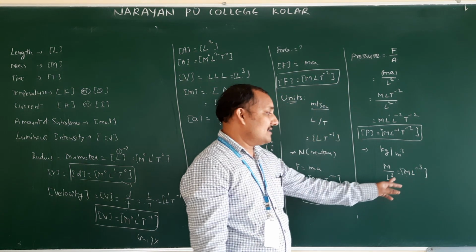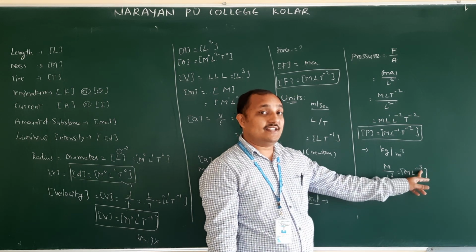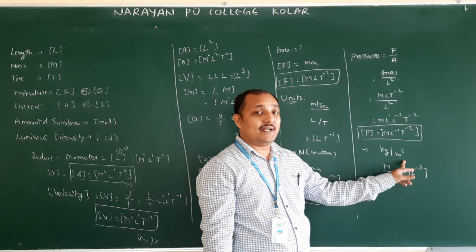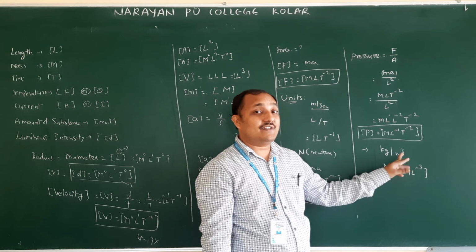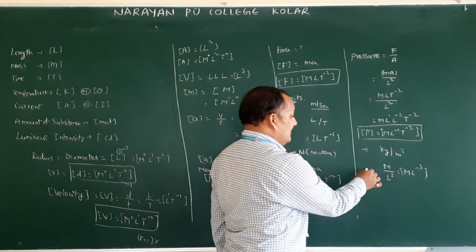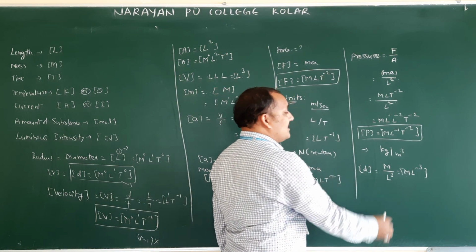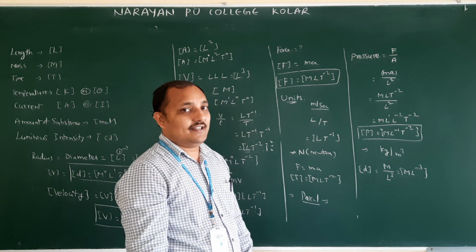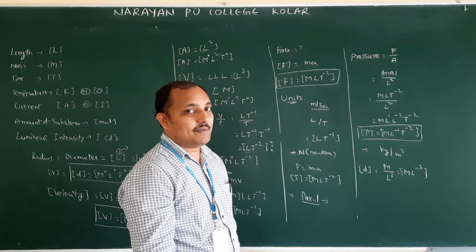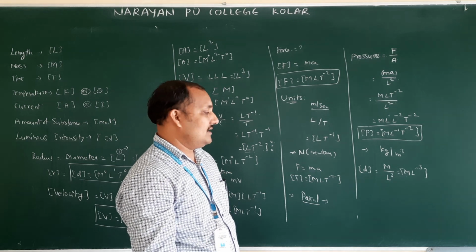This is the dimension formula for kg per meter cube. Kg per meter cube is the unit for which physical quantity? Density. Therefore we got the dimension formula for density, one of the physical quantities: mass per unit volume, isn't it?